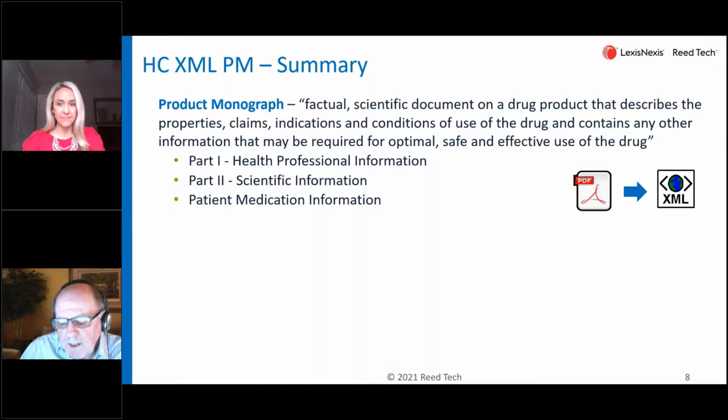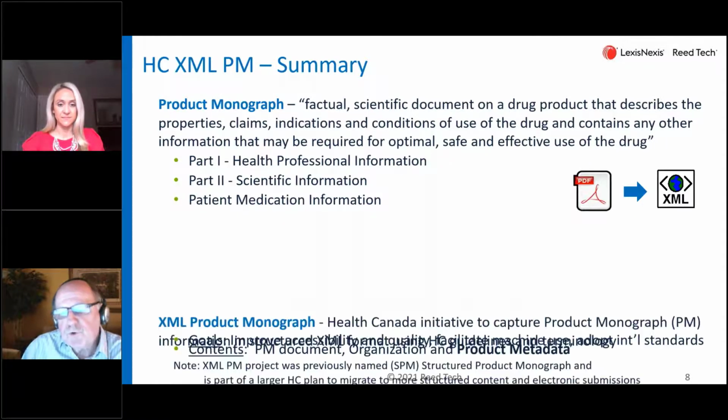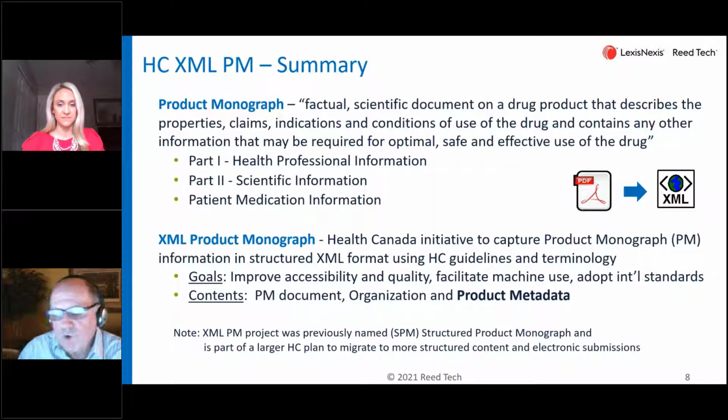And historically, that content has been submitted in PDF format to Health Canada for review and approval and use. Now, because of the many advantages of XML, Health Canada saw that there was interest in moving over to an XML version of that, and they created this initiative.